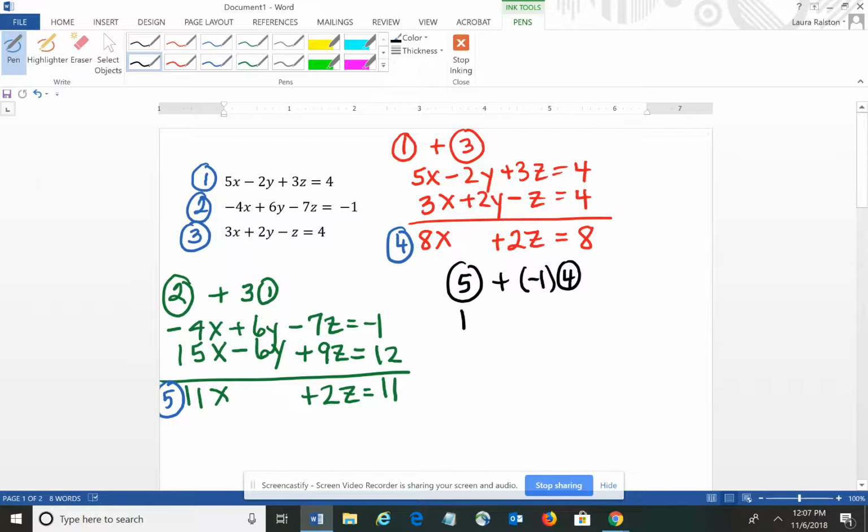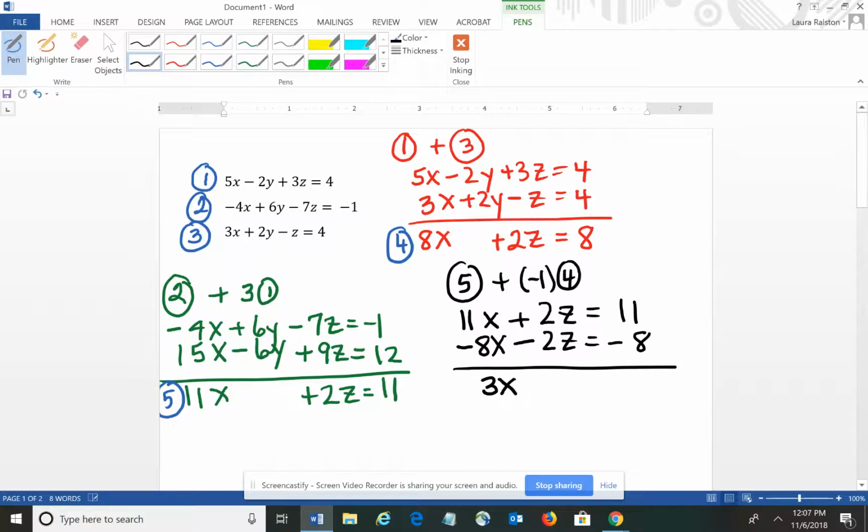So I would have 11x plus 2z equals 11. Multiplying equation 4 by -1, I would have -8x minus 2z equals -8. And I'm going to add those 2 together. 11x minus 8x is 3x. Plus 2z minus 2z is 0, and that equals 11 plus -8, which is 3.